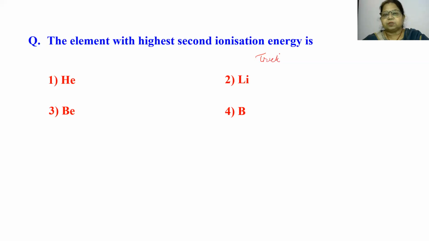The trick in this question is, what happens? Second ionization energy means you are taking away the second electron, right? Helium has 1s2. It gives out one electron. This is IE1. It is 1s1, right? Now it is going to give you 1s0. This is IE2. Then beryllium, I think the answer is beryllium.